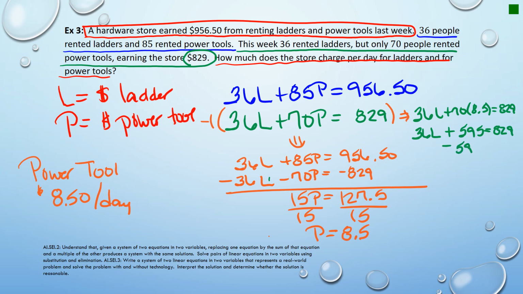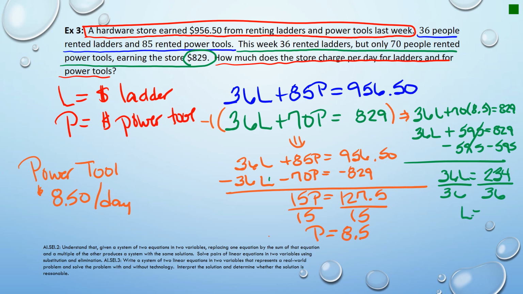We're going to subtract 595. So I get 36L equals 829 minus 595, 234. And we're going to divide by 36.